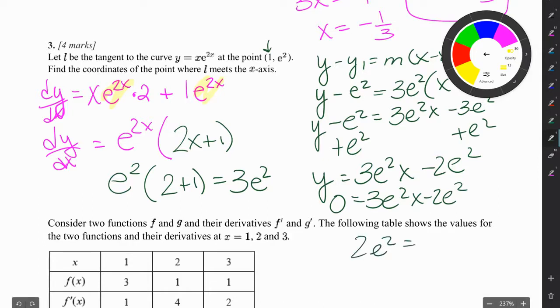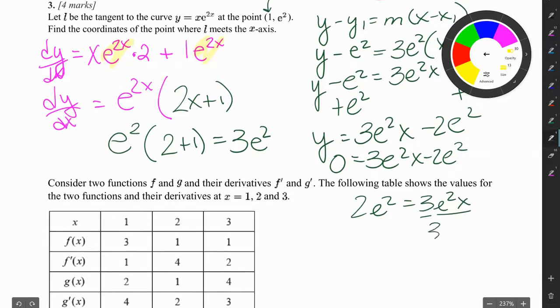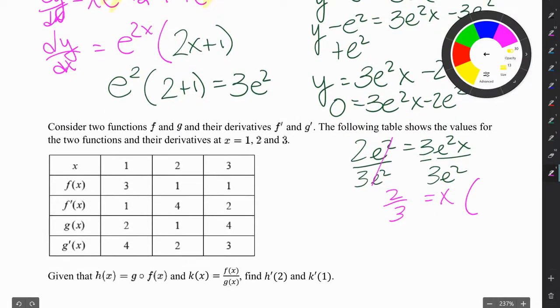So 2e squared equals 3e squared x. Divide by 3e squared. When I do, the e squareds cancel, so x equals 2/3, and they want the coordinates, so the coordinates would be (2/3, 0). Who knew it would be such a nice number after all those crazy e's?